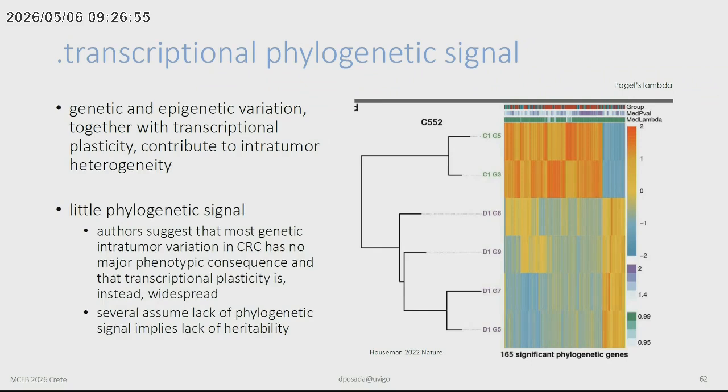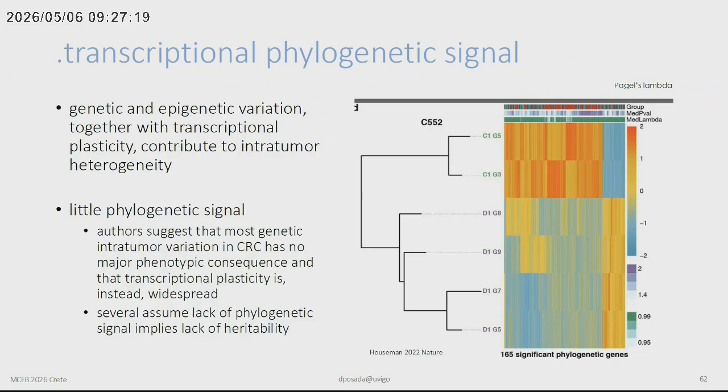Some authors have studied this and tested phylogenetic signal, with Pagel's statistic and so on, and they say very few genes have a signal. This is one case where you have some signal: this clade has a different transcriptional pattern. There is a lot of noise. Transcriptional noise is all over the place because there is no phylogenetic signal.